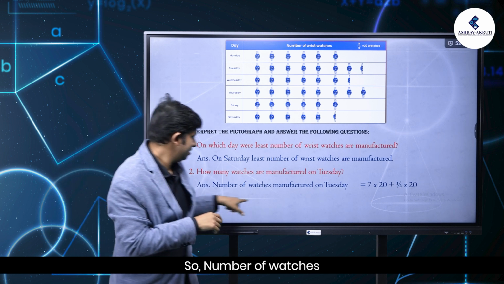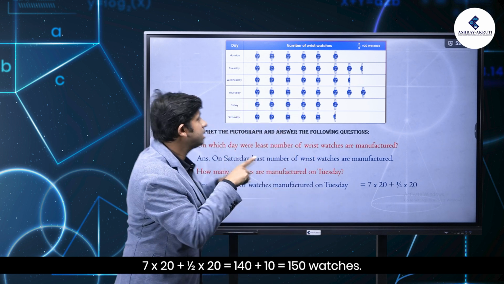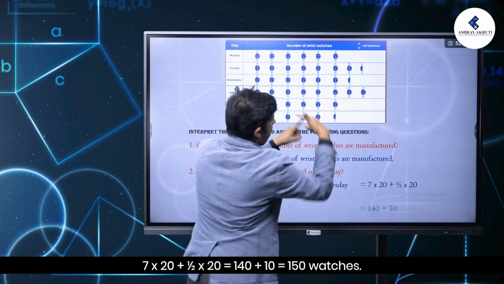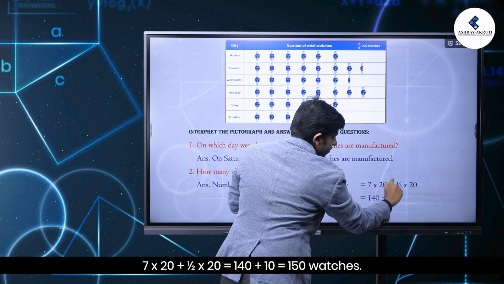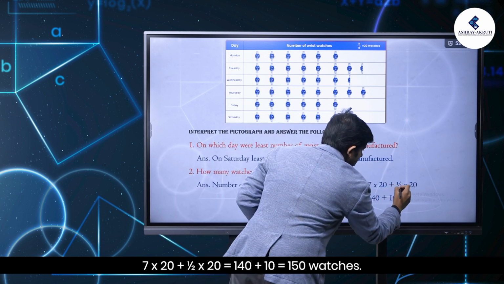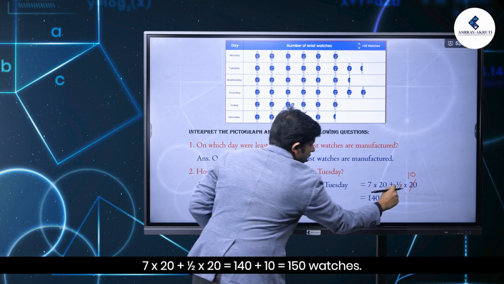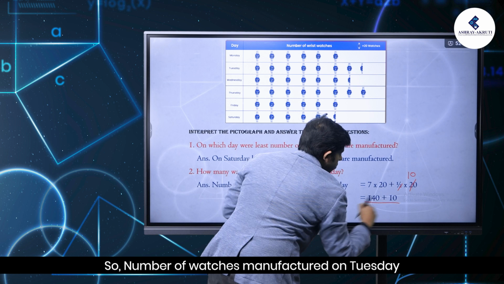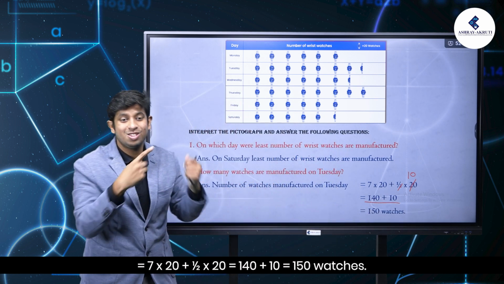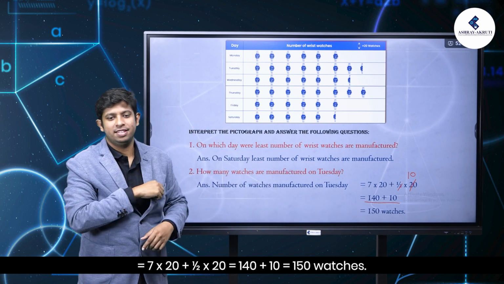So, the number of watches manufactured on Tuesday is equal to 7 into 20 plus half into 20, equals 140 plus 10, equals 150 watches.